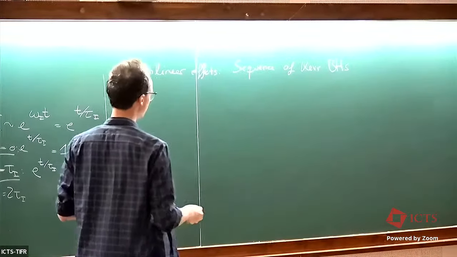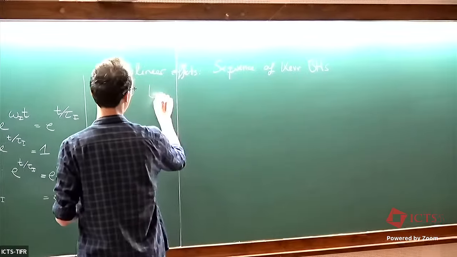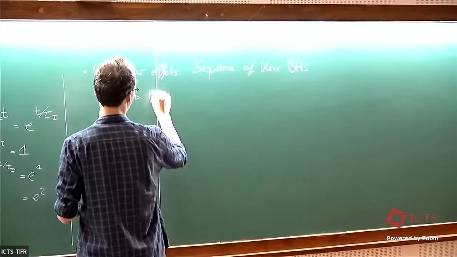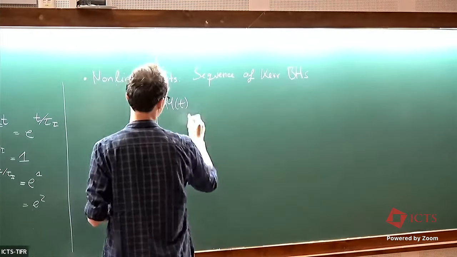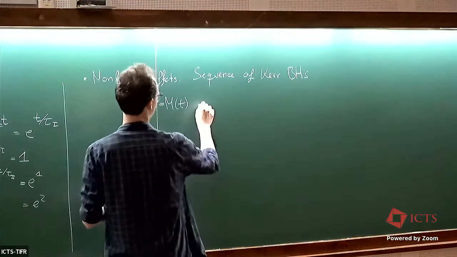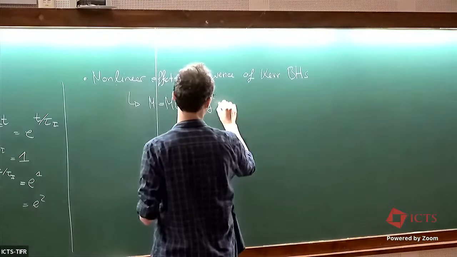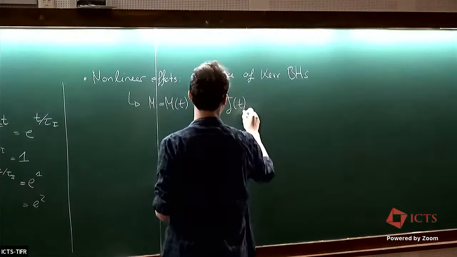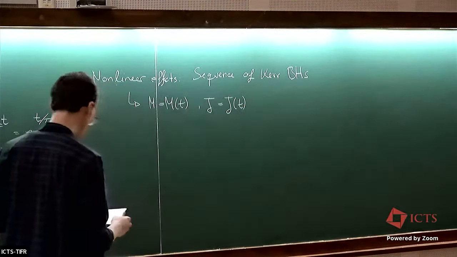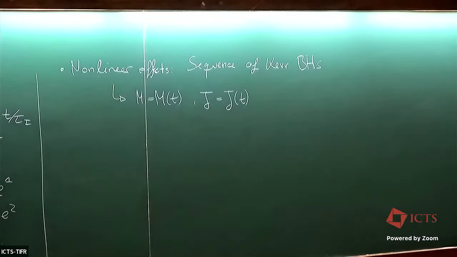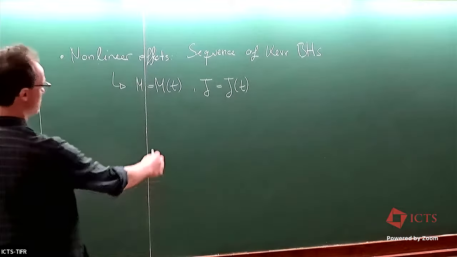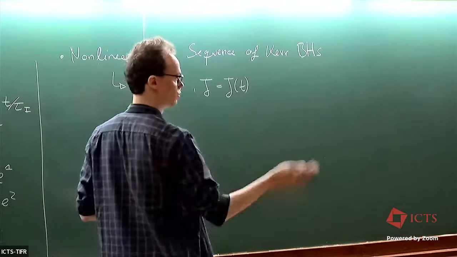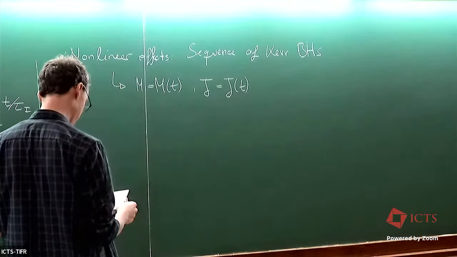And the way we did this was to just assume basically that the mass of the black hole is now a function of time, okay? And the angular momentum equally is now a function of time, okay? And, you know, as the cloud extracts energy from the black hole, the mass and the spin of the black hole reduces in time.